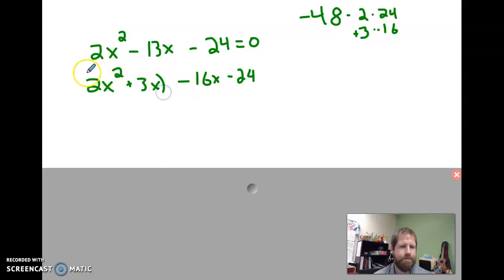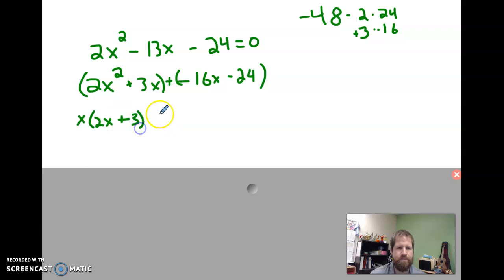And remember, we're not multiplying those; those are just added together, and that still equals our trinomial. So factoring out the greatest common factor, here I can just factor out x. I've still got 2x plus 3. And then here, I'm going to be factoring out a negative 8.